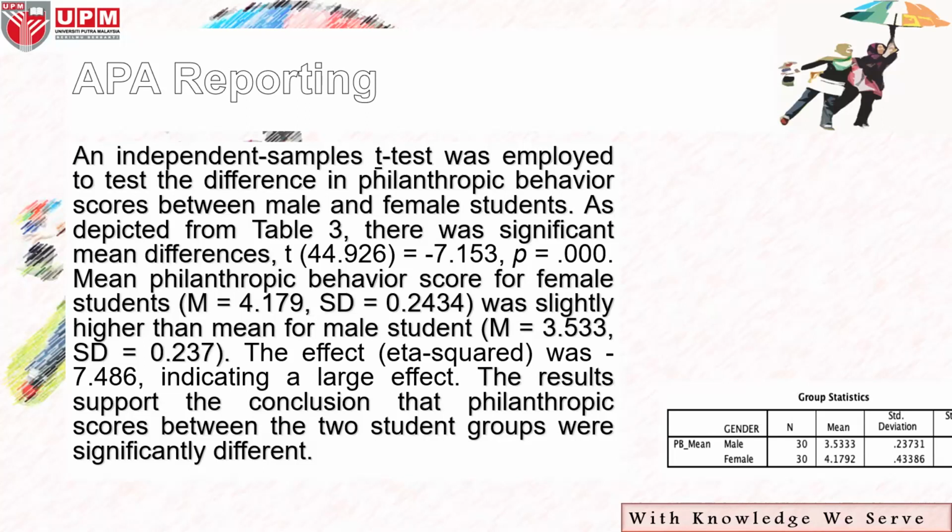The effect size, eta squared, was 7.486, indicating a large effect. The results support the conclusion that philanthropic scores between the two groups were significantly different.